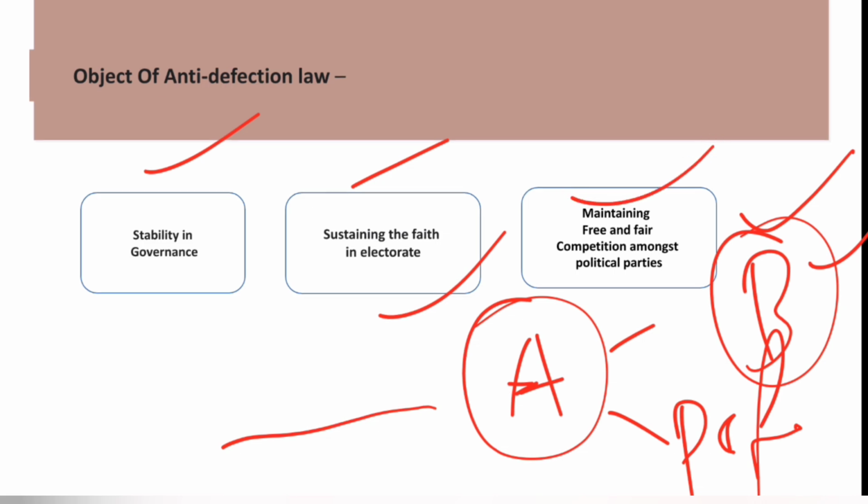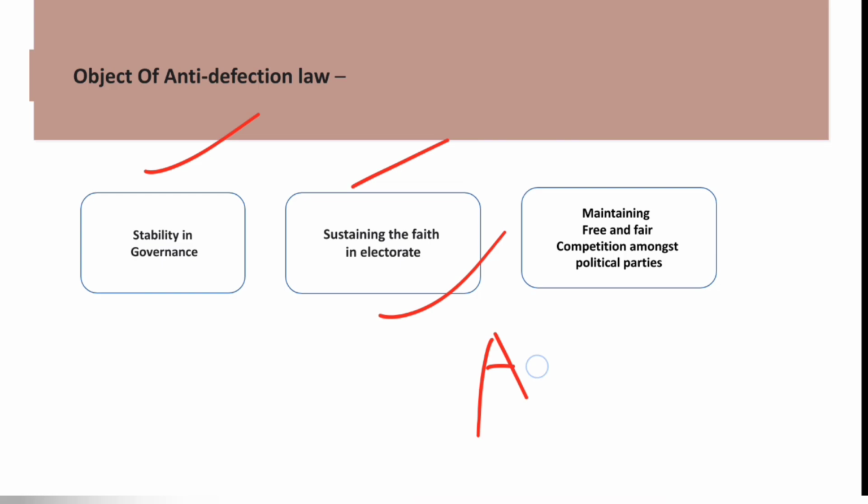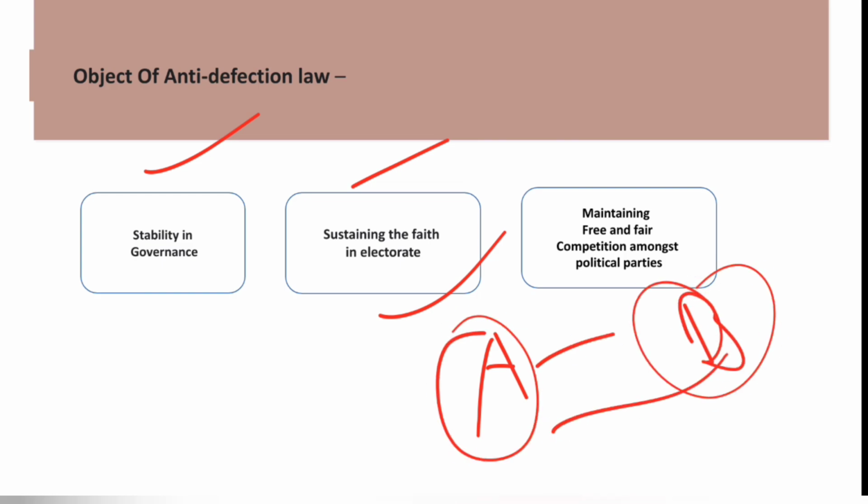Then there is the matter of maintaining free and fair competition amongst political parties. If A party members join B party, ethically this is not a fair competition between both of them, because B party approaches A party members saying that we promise you that we will give you so and so position, so and so remunerative post, if we form government.